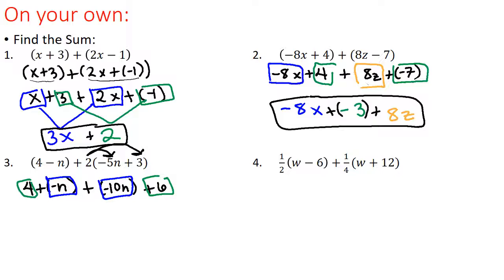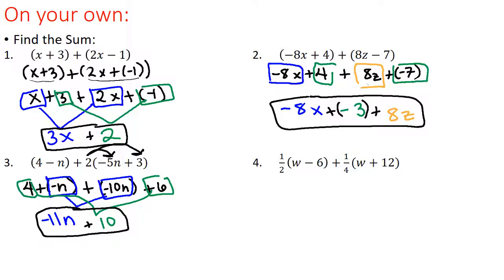Negative n and negative 10n will give me negative 11n, and as I combine 4 and 6 together, that will give me 10. So I can go ahead and add those together, so I have negative 11n plus 10.